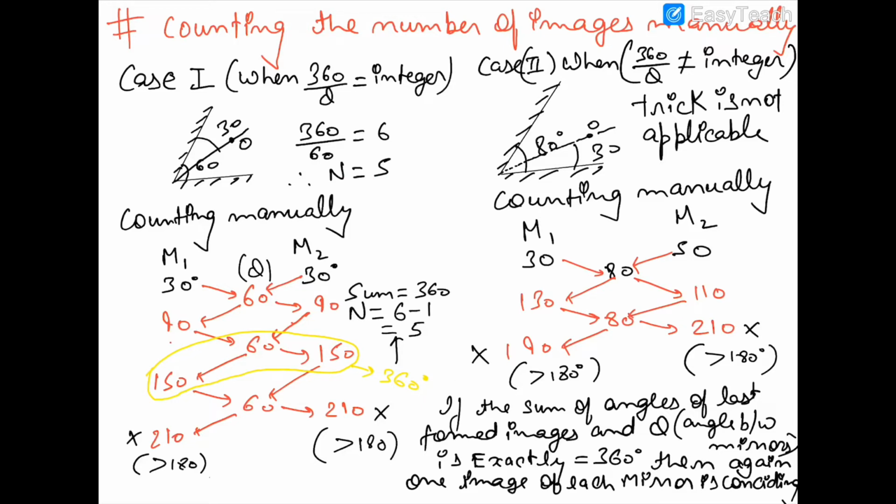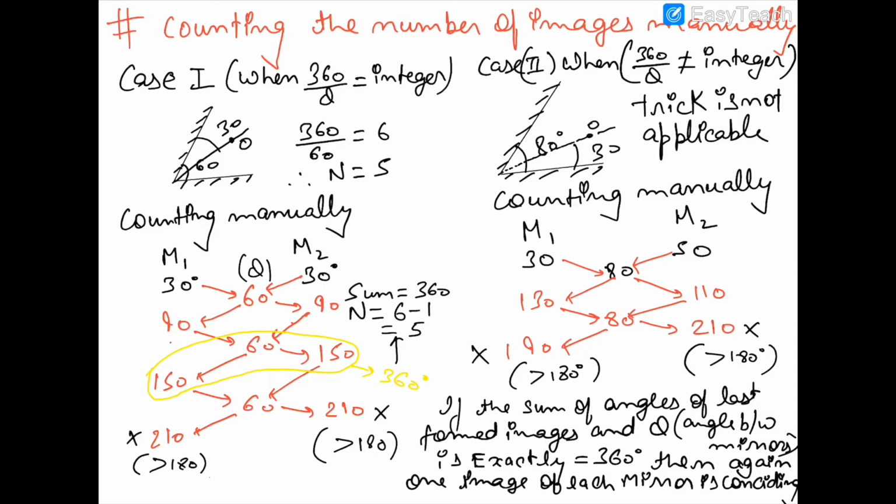Now obviously when 360 by theta is an integer, then we would apply the trick which we have already learned in the previous video, and we will not apply this counting formula because it is somewhat lengthier.